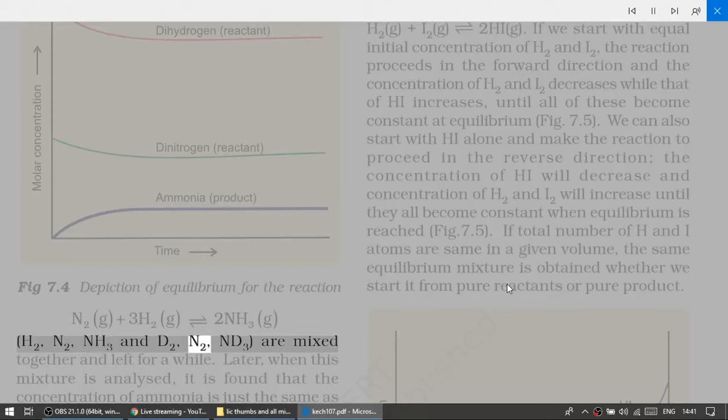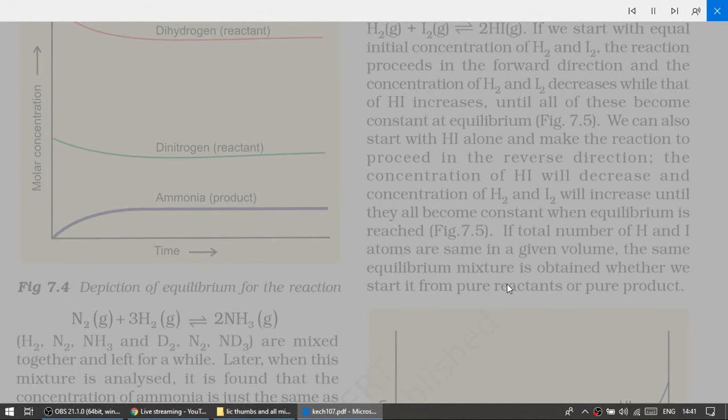H2, N2, NH3 and D2, N2, ND3 are mixed together and left for a while. Later, when this mixture is analyzed, it is found that the concentration of ammonia is just the same as before.